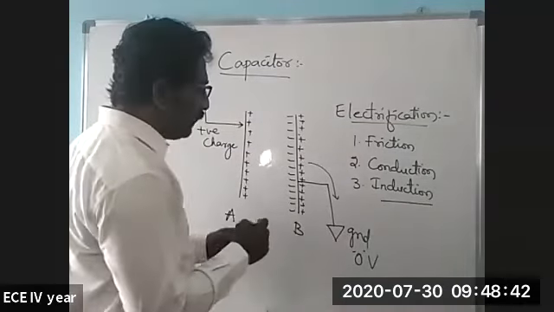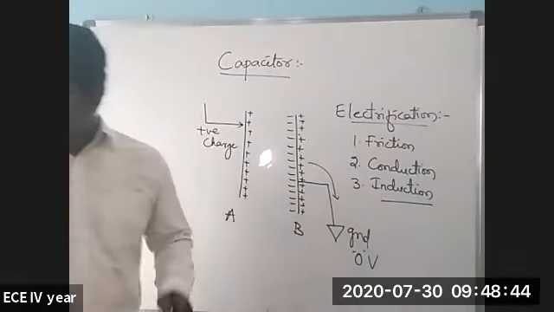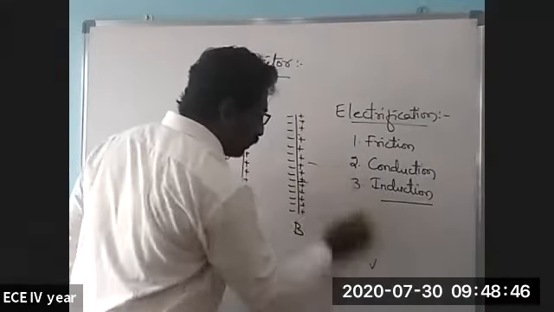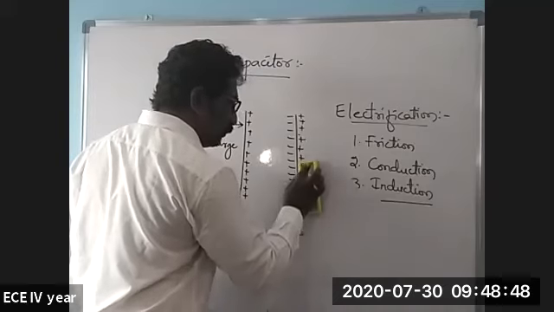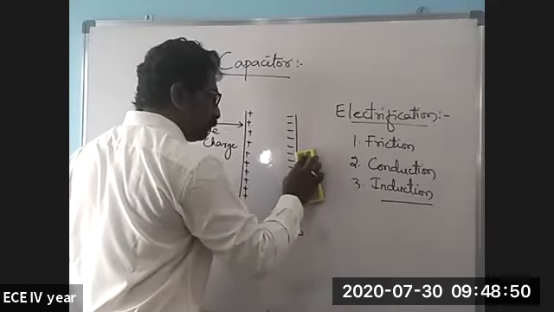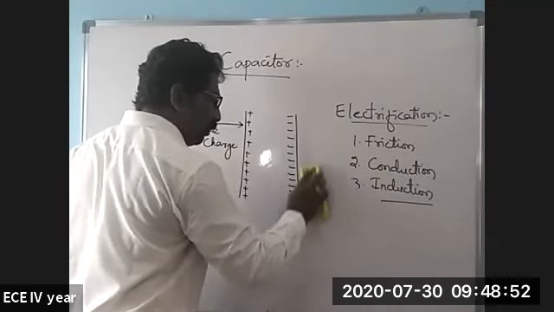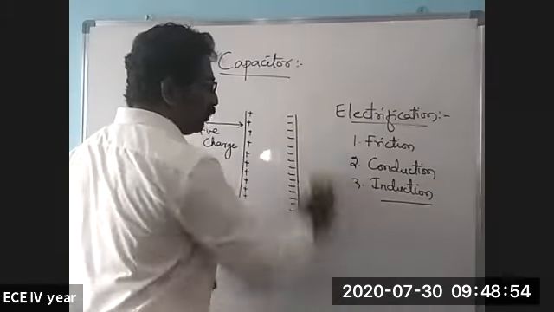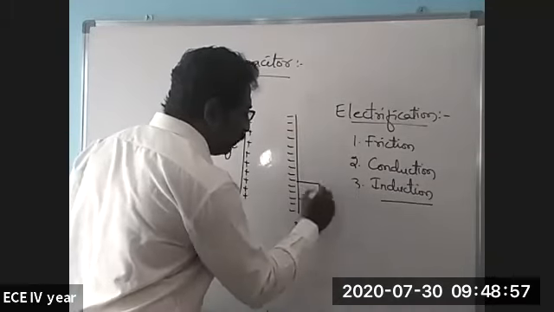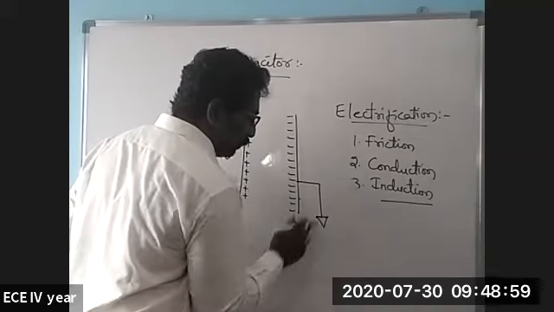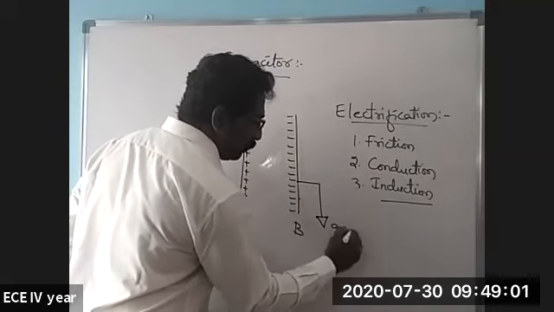So ultimately, when that happens, your entire capacitor looks like this. You will not have any positive charges on the outermost part of this plate B.